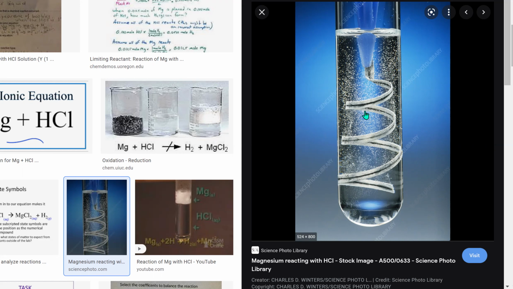The reactions are running races, so what could be the end mark? One that comes to my mind is that the Mg gets completely dissolved. So I'm going to stop the stopwatch when the Mg gets completely dissolved. If the reaction is slow, it's going to take a long time. If the reaction is fast, it's going to dissolve very quickly. Is this point clear?